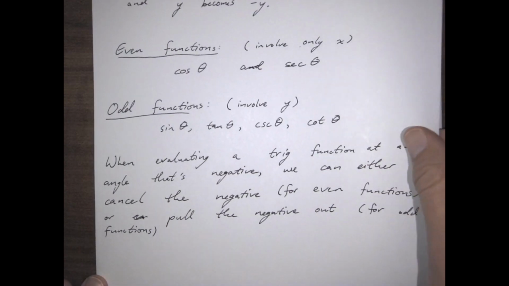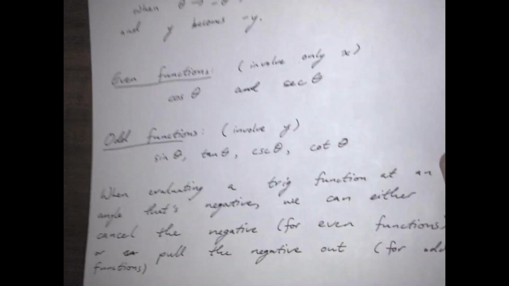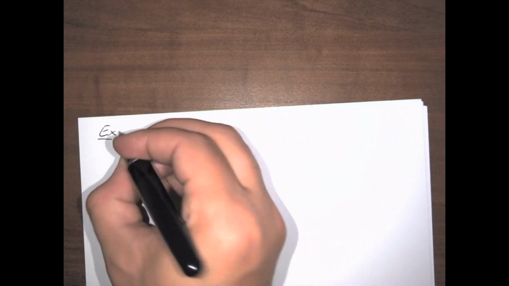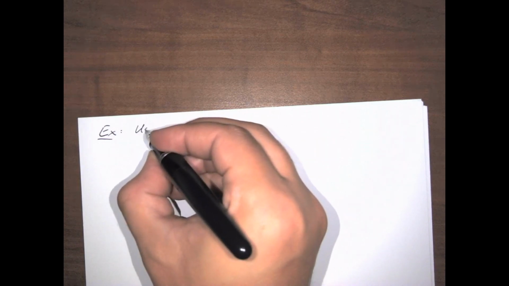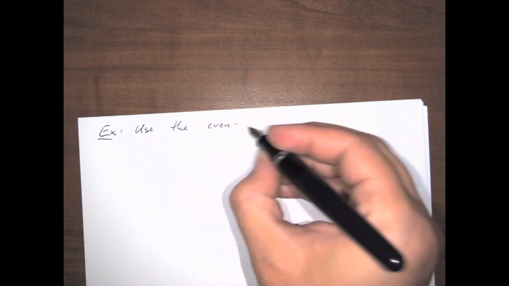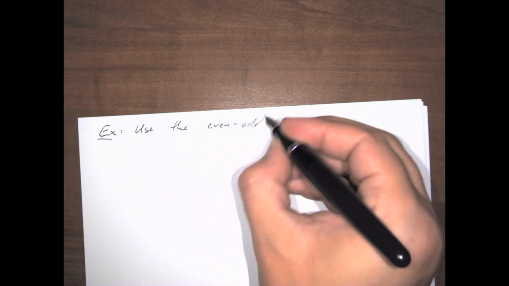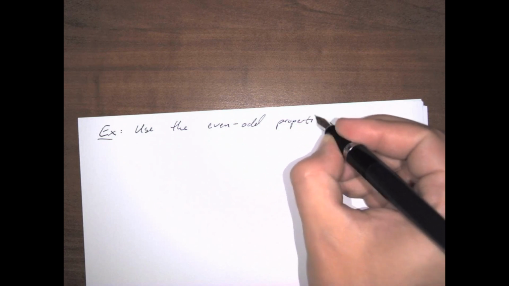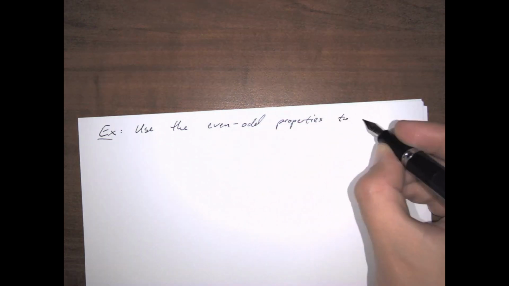So as an example of this, let's just think about how this could be used. Example: use the even, odd properties to evaluate.